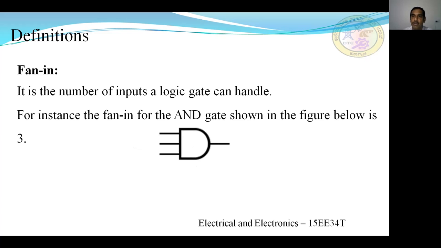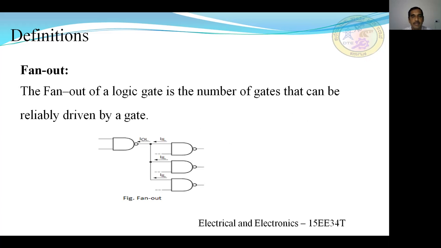If you give more inputs than specified, you won't get the desired output from the gate. Similarly, fan-out refers to the output side: the number of gates that can be reliably driven by a gate. So the number of other gates that a particular gate's output can drive is given by the fan-out.